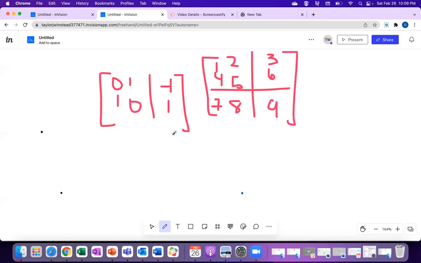Right. So what we're pretending here is that these are just 4 components, and this is 2 components. So that means that this would be times this, and then times that.